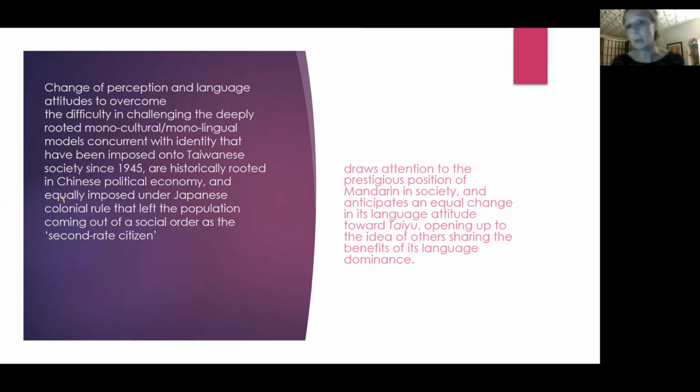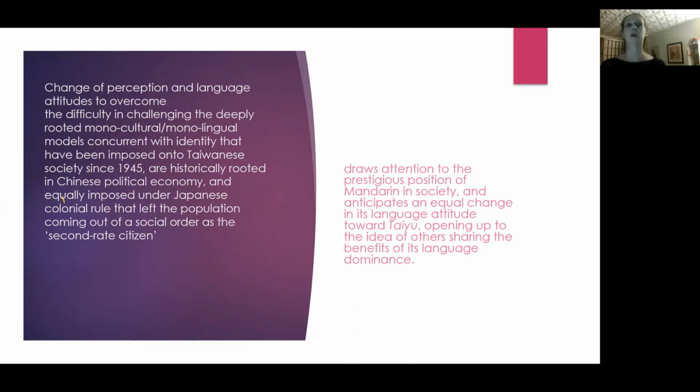And a final point: pluricentrism also draws attention to the prestigious position, for sure, of Mandarin in society.